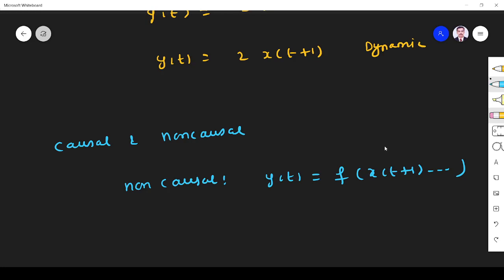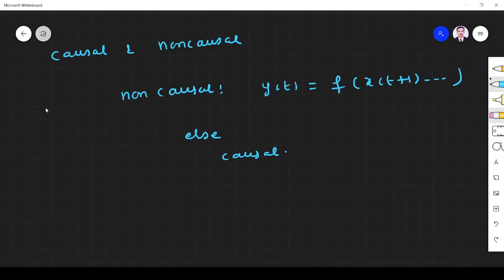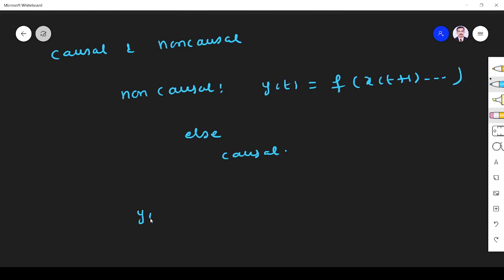If your system has future input, surely it is non-causal. Else, if there is no future, then it is causal. So you see y of t is equal to 3x of t plus x of t minus 1. Here the present output is a function of present and past. There is no future. If there is no future, it is causal.